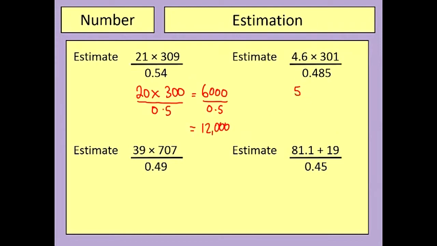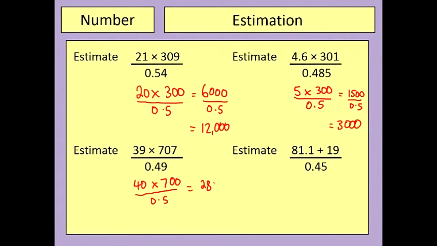For this one over here, we're going to have 5 times 300, and again divided by 0.5. 5 300s are 1,500, divided by 0.5 gives us the answer 3,000. And then we have 40 times 700 divided by 0.5 again. I'm sure you can see a pattern here.